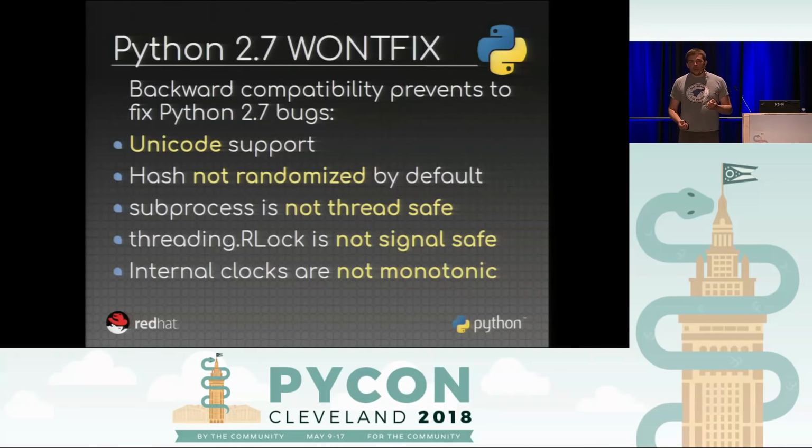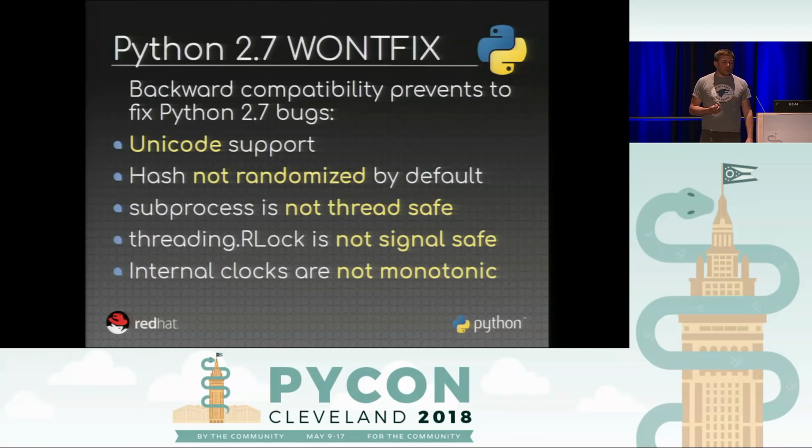And for some reasons, we cannot fix some issues because of the thing called backward compatibility. To give you a concrete example, the Unicode support. Maybe we can do something in Python 2 to raise an exception if you merge a string of bytes and a string of Unicode, but we decided to not touch this part because it would break like all applications in the world.